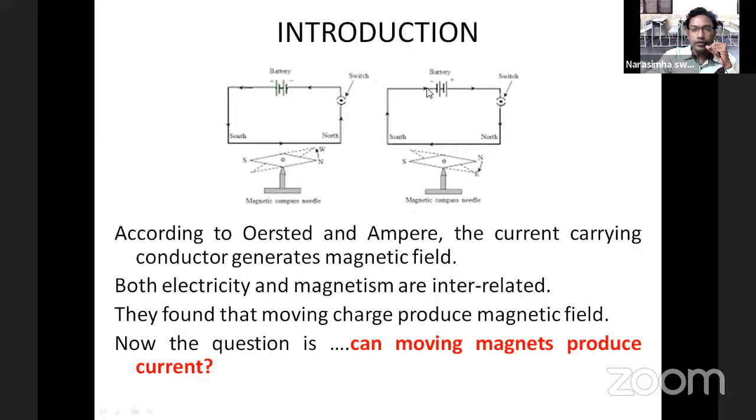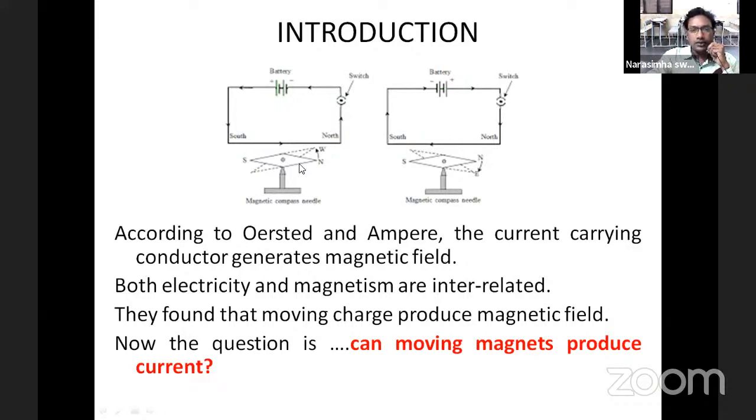And similarly, if you change the battery terminals, then the direction of current is changed, and the deflection of the magnetic needle is also changed towards the east direction. This we have already learned in the Oersted experiment. So according to Oersted and Ampere, the current carrying conductor generates a magnetic field.